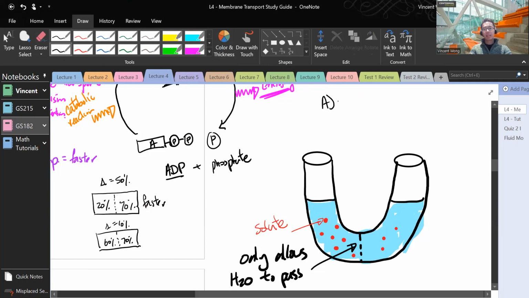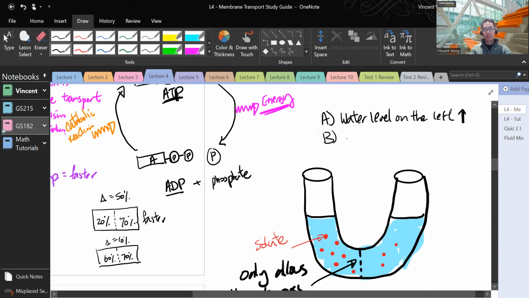Is it A, water level on the left increase? Okay, or is it B, water level on the right increase? Or C, no change in water level.